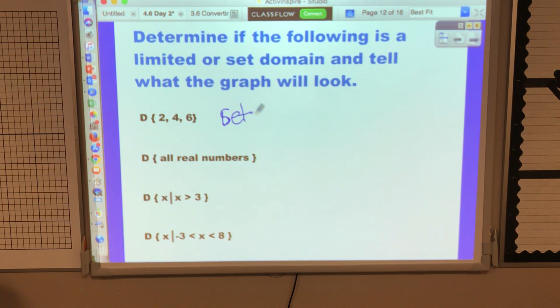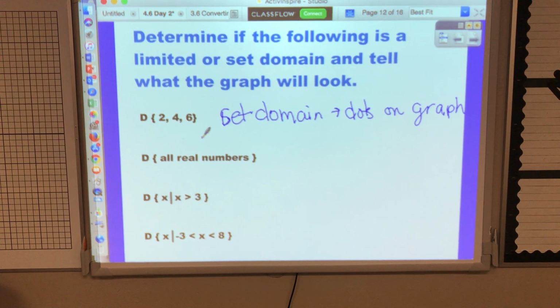Set domain. Okay? And for this one, if x can only be those values, what that means is that this is only going to be dots on a graph. We're not actually going to connect them at all because they're saying it can't be 2.5, it can't be 3. So it's only going to be those exact dots.